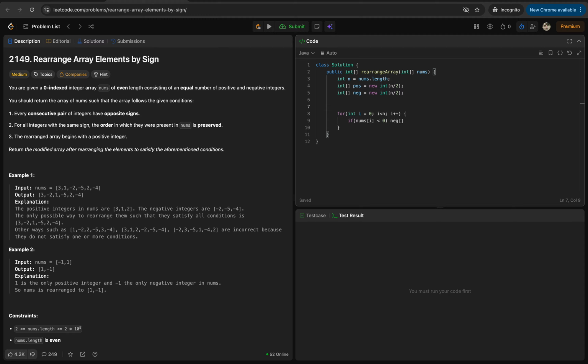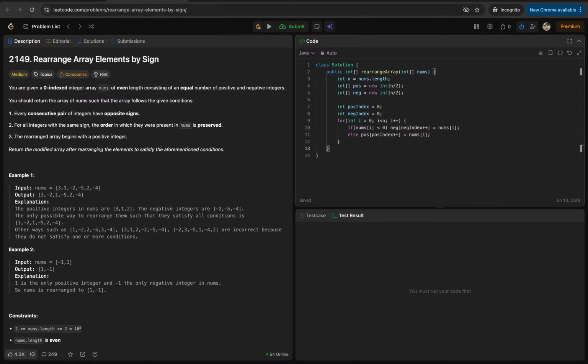So let's take int positive index equals 0, int negative index equals 0. So we'll take negative index plus plus equals nums i. Else we'll do positive index plus plus equals nums i.